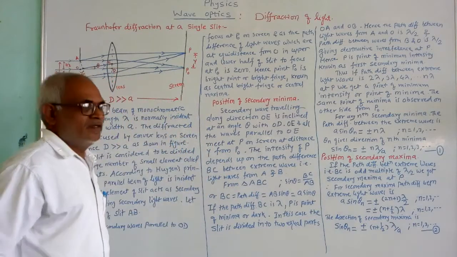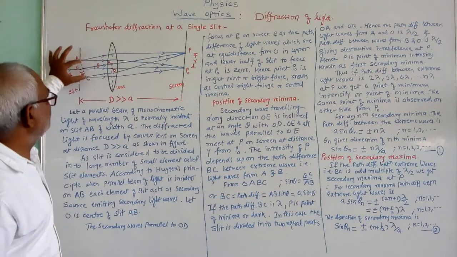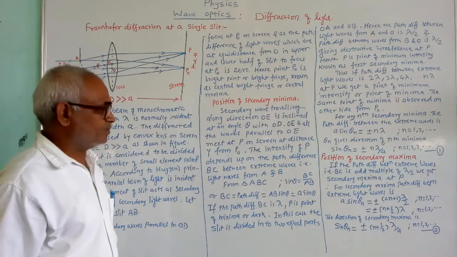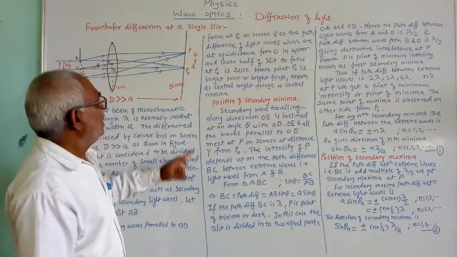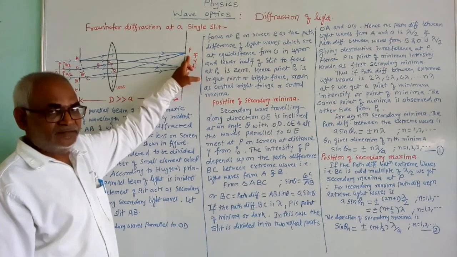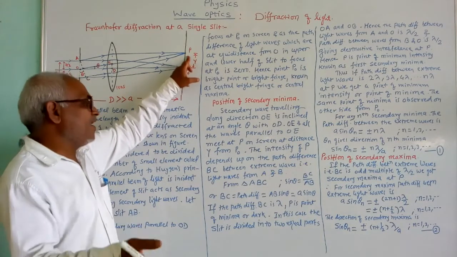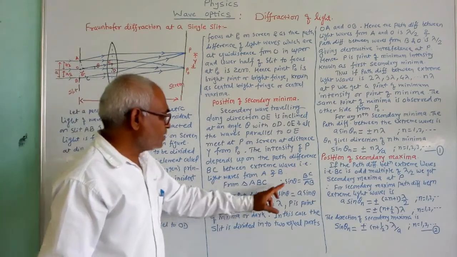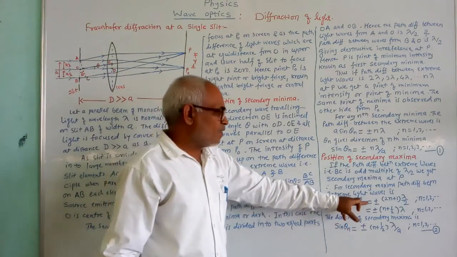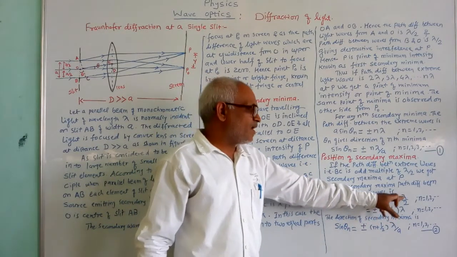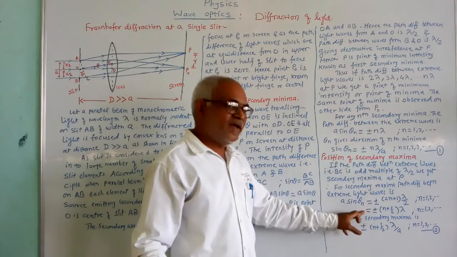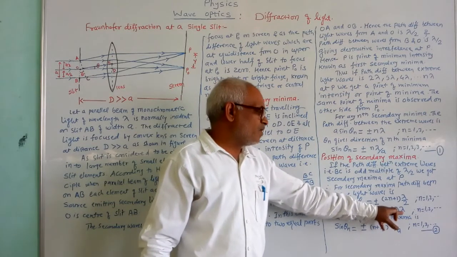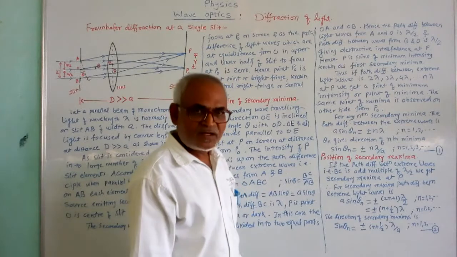Now for secondary maxima, if the path difference between the extreme light waves is equal to an odd multiple of half a wavelength, we get a secondary maxima at point P. Therefore for any nth secondary maxima, the path difference a sin theta n should equal plus or minus (2n plus 1) times lambda by 2, or we may write this equation as plus or minus (n plus 1 by 2) times lambda, where n takes values 1, 2, 3 and so on.